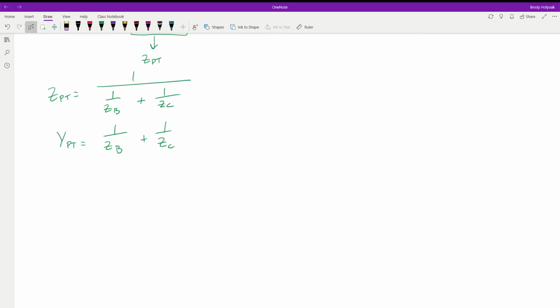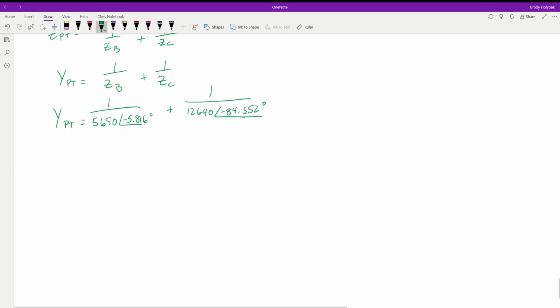Now we're going to take the values that we have from each of those, plug them into the equations, and solve for them. So the admittance for the parallel total is going to be 1 over 5690 at negative 5.816 degrees. That's going to be added to the admittance of ZC, which is 1 over 12640 at negative 84.552 degrees.